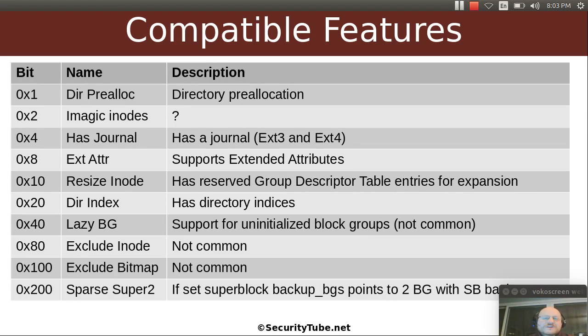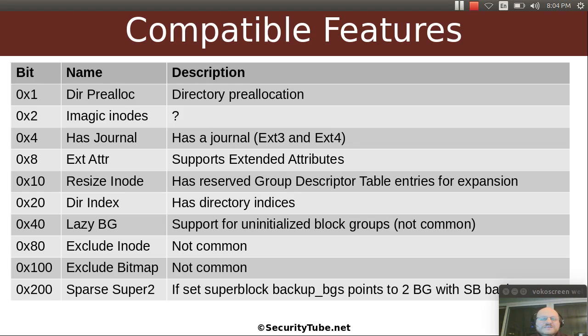Does it support extended attributes? If so, that flag will be set. The resize inode flag. This feature allows you to reserve space in the group descriptor table to allow for future expansion of the file system. There's the dir index feature. Do your directories have indices?